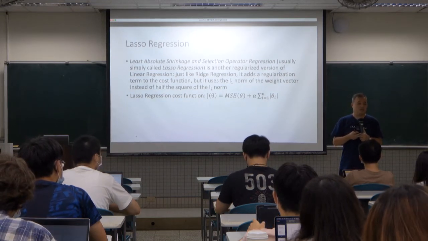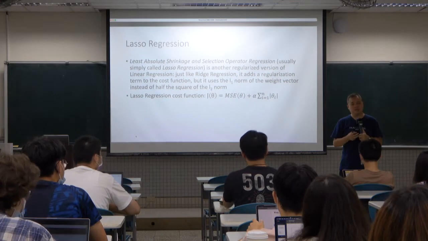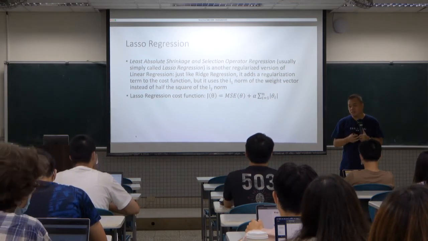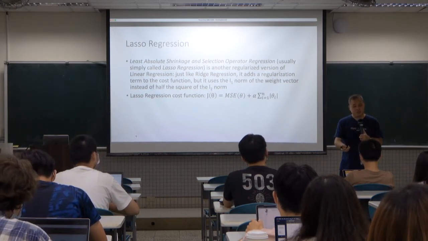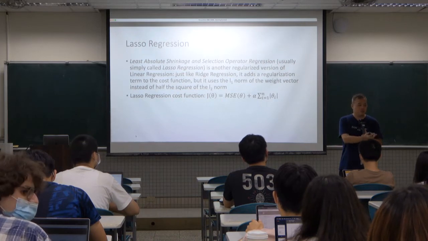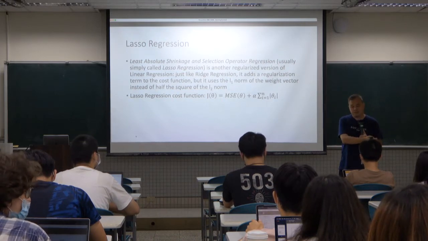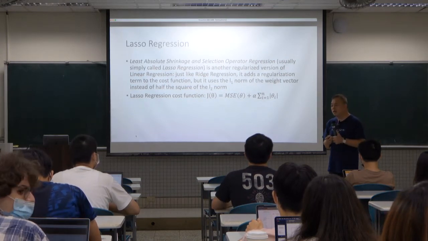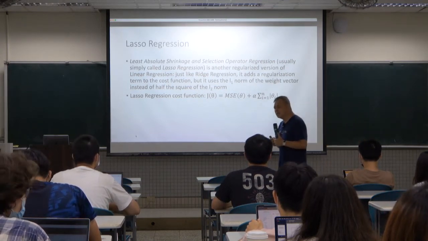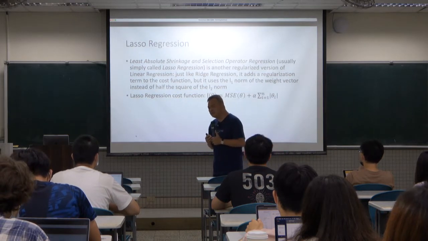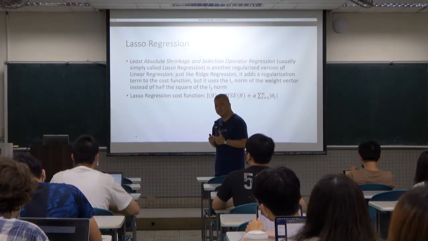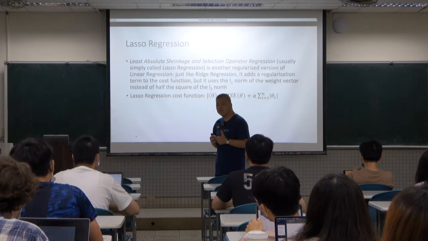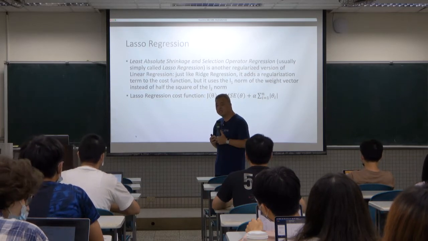If you have not found your teammate, for the small projects you need to find a teammate to form a group of 2, and I think the deadline is end of this week. Is that right? When is the deadline that I announced?